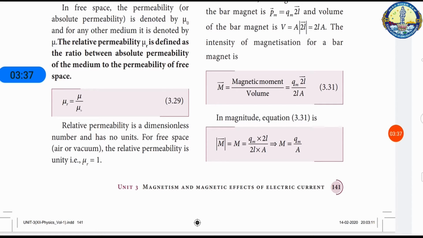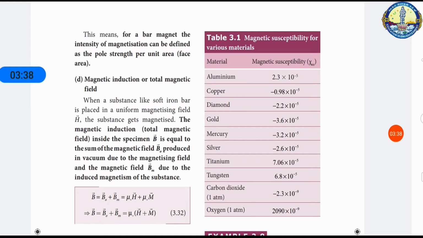Next, magnetic induction or total magnetic field. When a substance like a soft iron bar is placed in a uniform magnetizing field H, the substance gets magnetized. The magnetic induction, that is the total magnetic field inside the specimen B, is equal to the sum of the magnetic field B naught produced in vacuum due to the magnetizing field, and the magnetic field Bm due to the induced magnetization, that is magnetism of the substance.